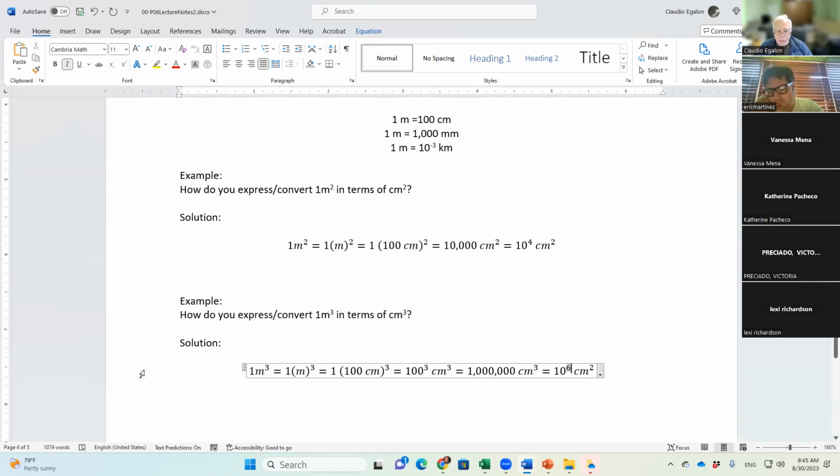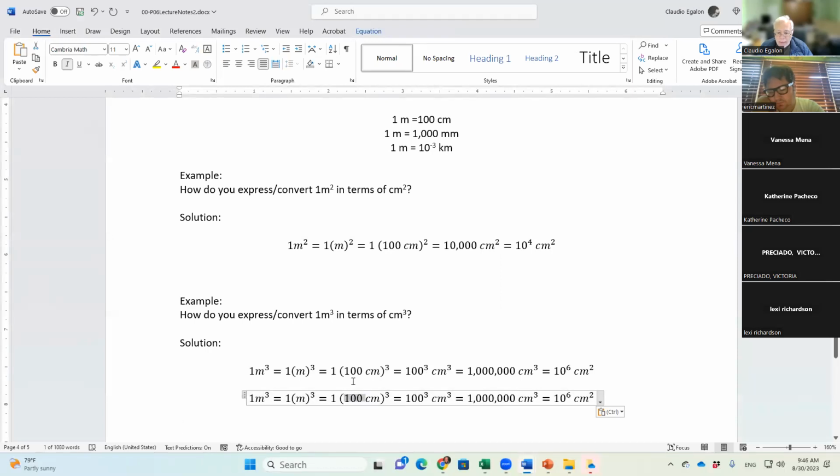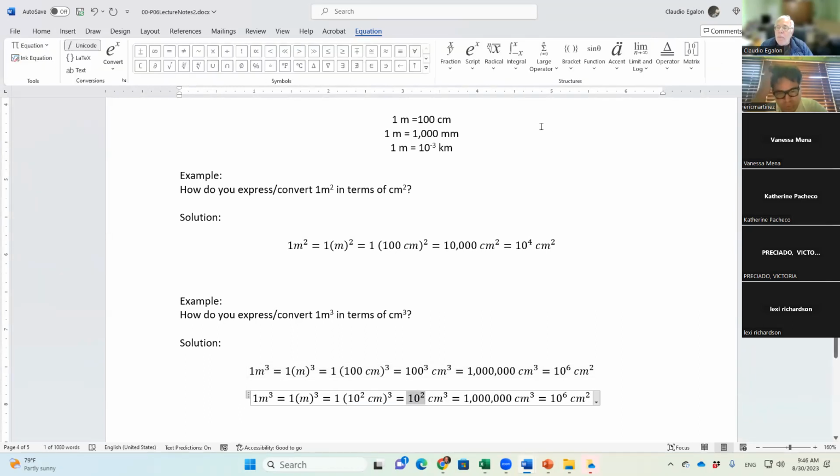Let me show you another way of doing that. You might prefer this other way. Instead of writing 100 centimeters, you write 10 to the square, which is 100. And when you cube 10 to the square, we have it like that, 10 square to the cube.